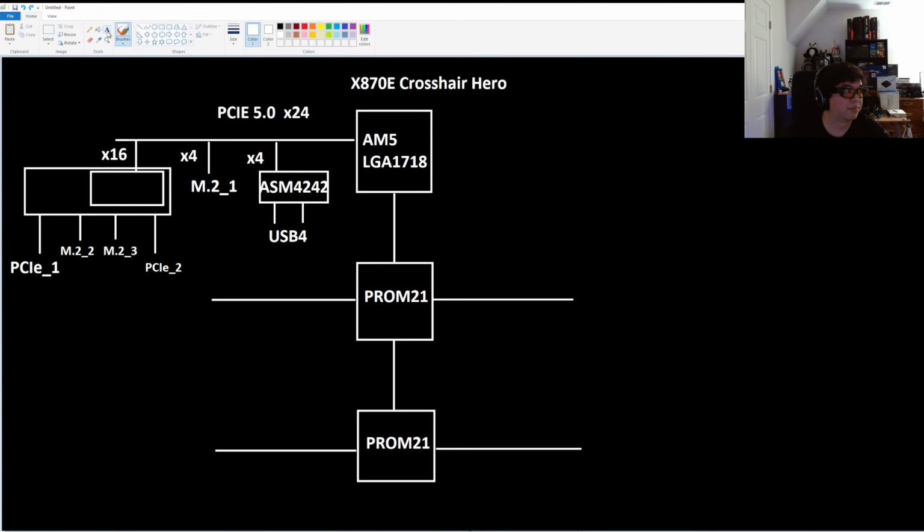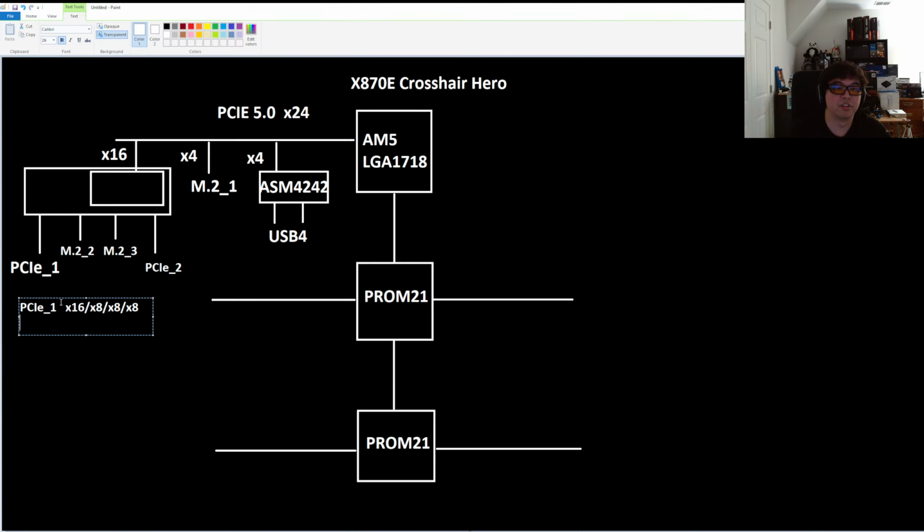Okay, so here we have the following. PCIe_1 can run at either 16 or it can run at 8 or 8. This is the matrix. M.2_2 can either run at 0, or 4, or 0.